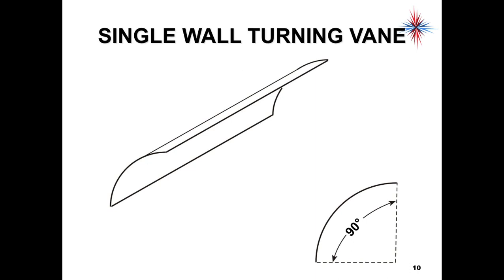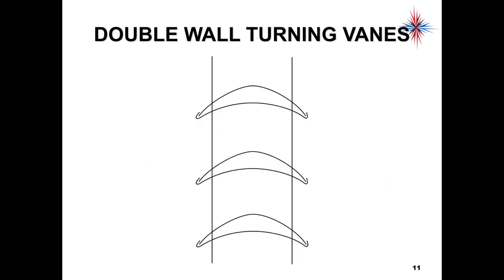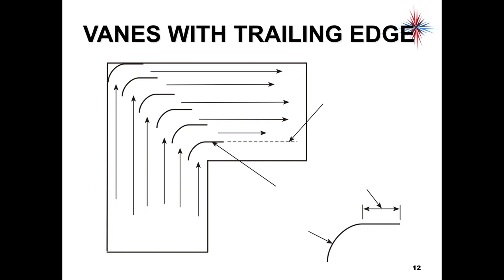We can also have double wall turning vanes, that are built with two walls in them, and they're a little bit more sturdy, but they will do the same thing. Now, in some cases, you'll also see vanes with a trailing edge. You see that the incoming portion of the vane is a little bit shorter than the outgoing portion of the vane. We've lengthened the end on it. It again allows us to stabilize the airflow after coming out of the turn.